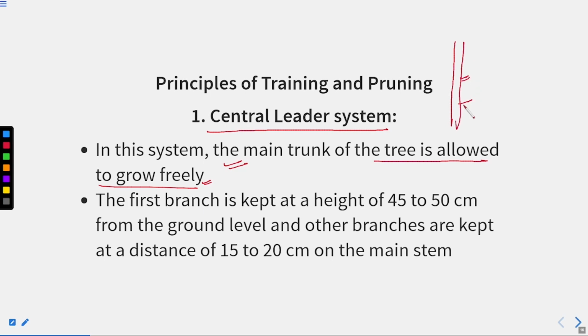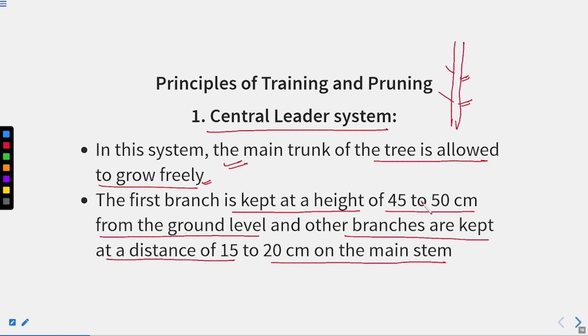What we have to do is cut the lateral branches for that, right? The first branch is kept at a height of 45 to 50 centimeters from the ground level, and other branches are kept at a distance of 15 to 20 centimeters on the main stem.